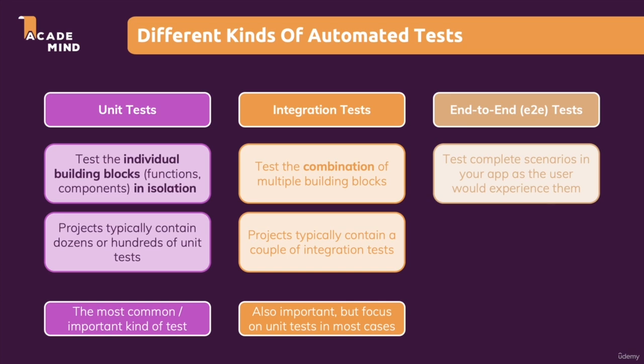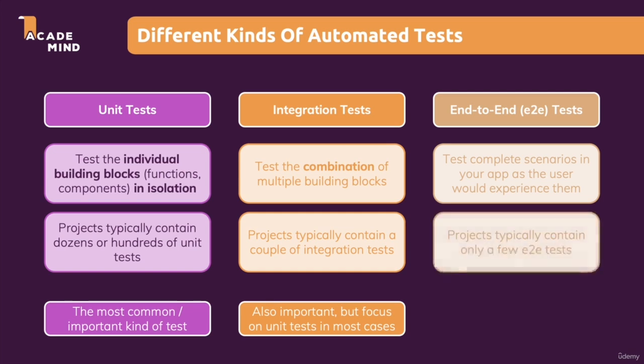Now, whilst this might sound like the most important test, it definitely is important, and you therefore typically do write some end-to-end tests, but not as many as you have unit and integration tests, because if your unit and integration tests work, you can be pretty sure that your overall application works, and those unit and integration tests are simply easier to test.